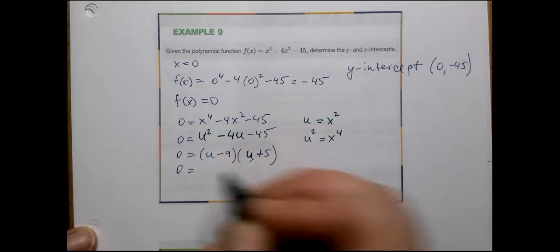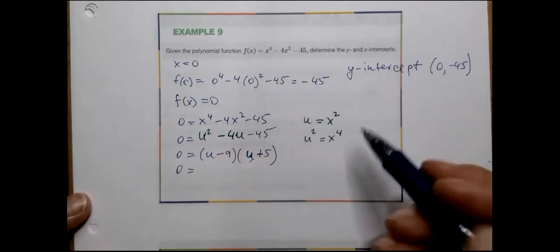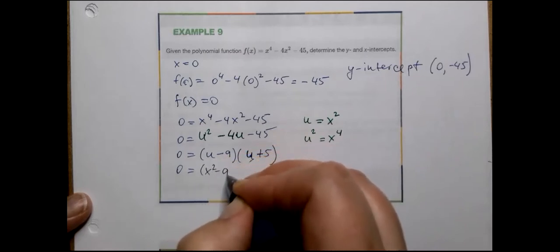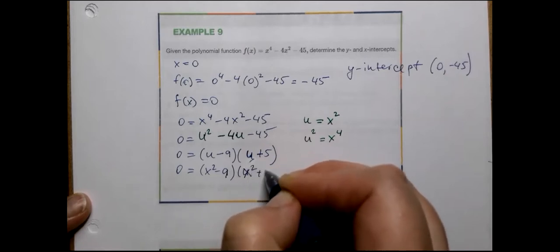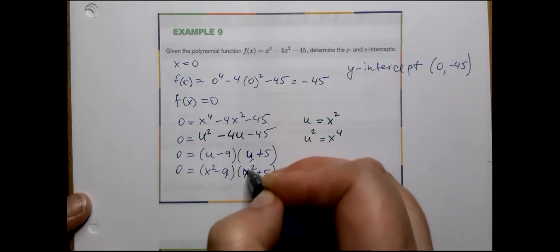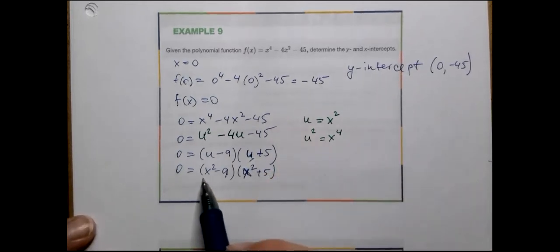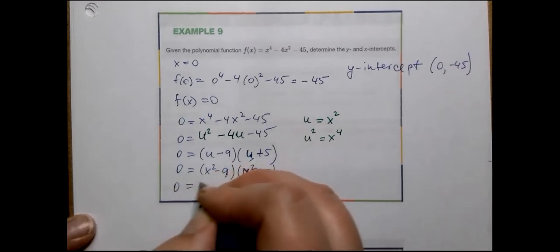And what do we have? We have, because we are looking for x anyway, not u, x squared minus 9 and x squared plus 5. Okay, so now when you look at it, you can notice that this is the difference of squares, so it could be factored even more.